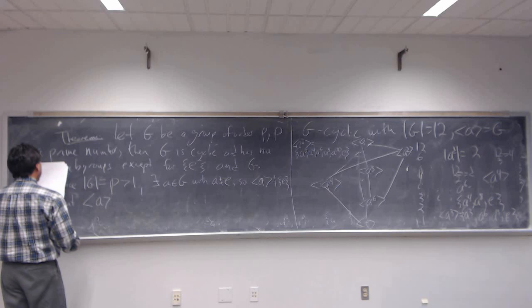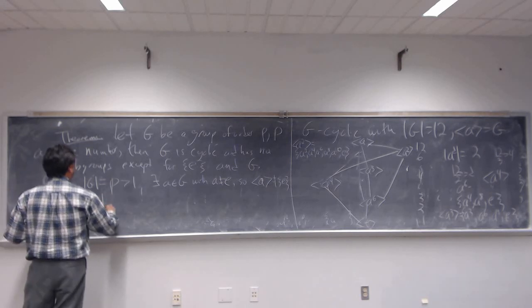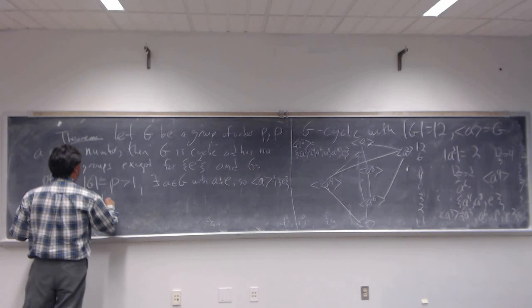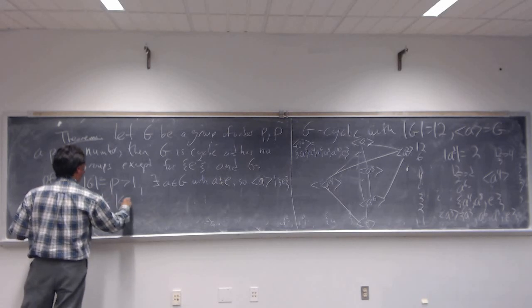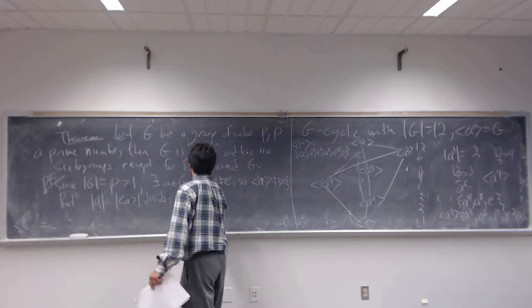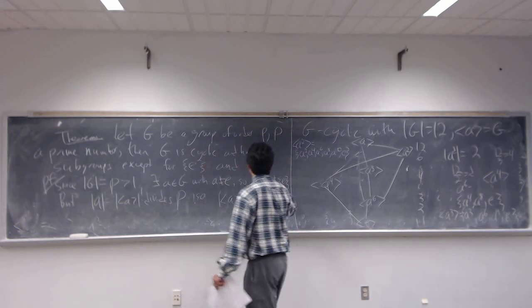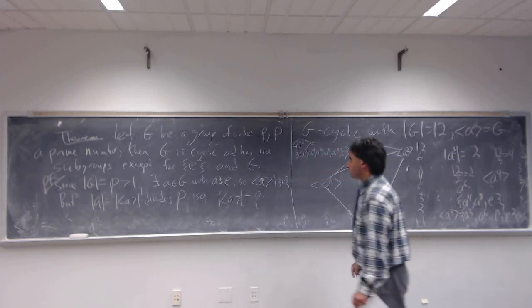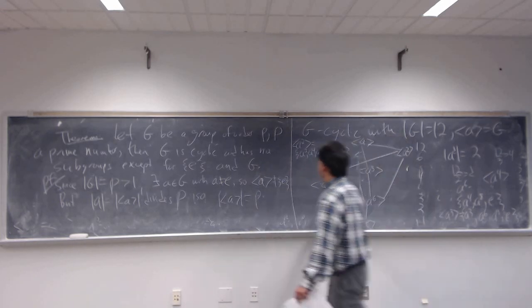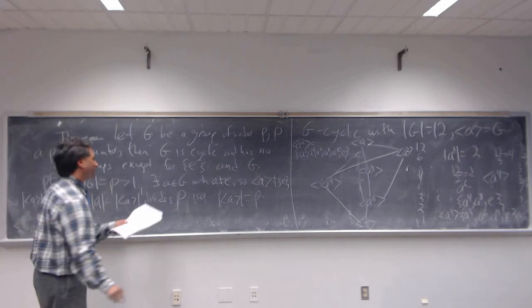But the order of A, which is the order of the cyclic subgroup generated by A, divides P. So that tells us that if it's not 1 and it divides P, the order of the cyclic subgroup is greater than 1. But if it divides a prime and it's greater than 1, it's got to equal the prime.